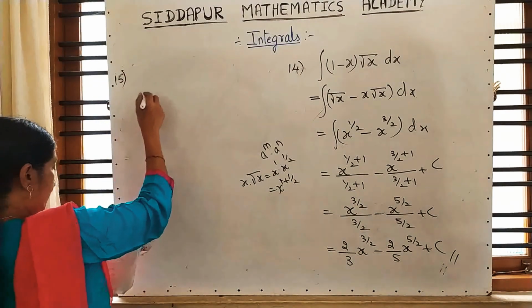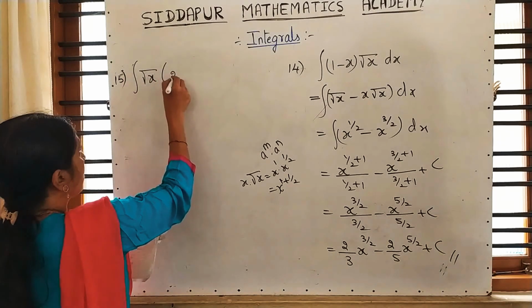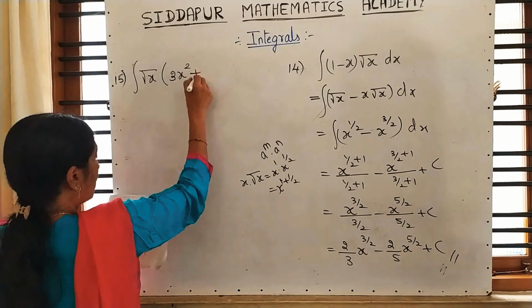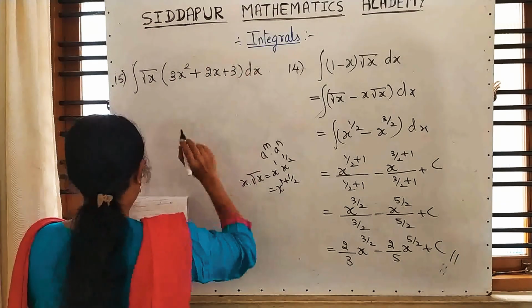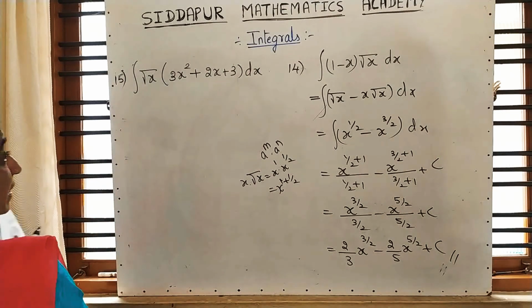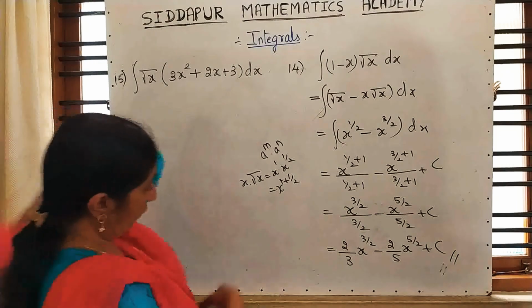15th. Root x into 3x square plus 2x plus 3 dx. Exactly similar to the previous. Just remove the bracket and simplify first.